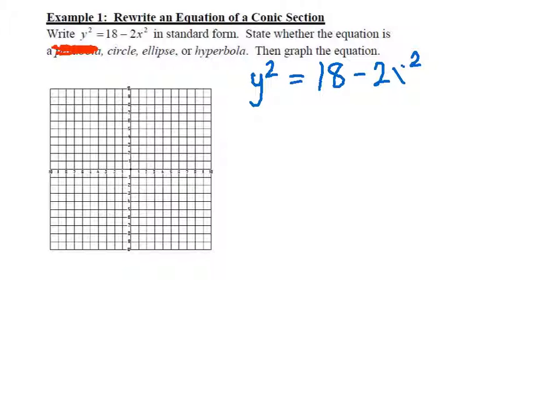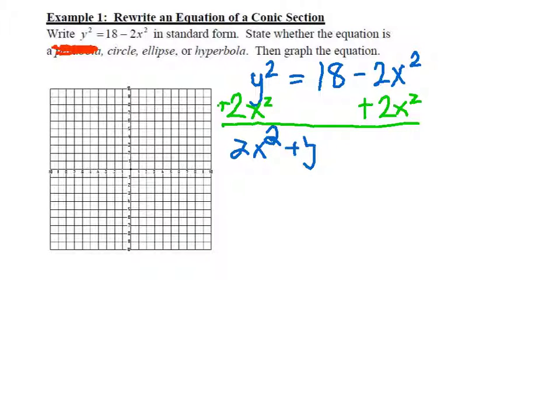And when you do that, you're going to end up getting both your x squared and your y squared on the same side of your equal sign. So you end up getting 2x squared plus y squared equals 18.